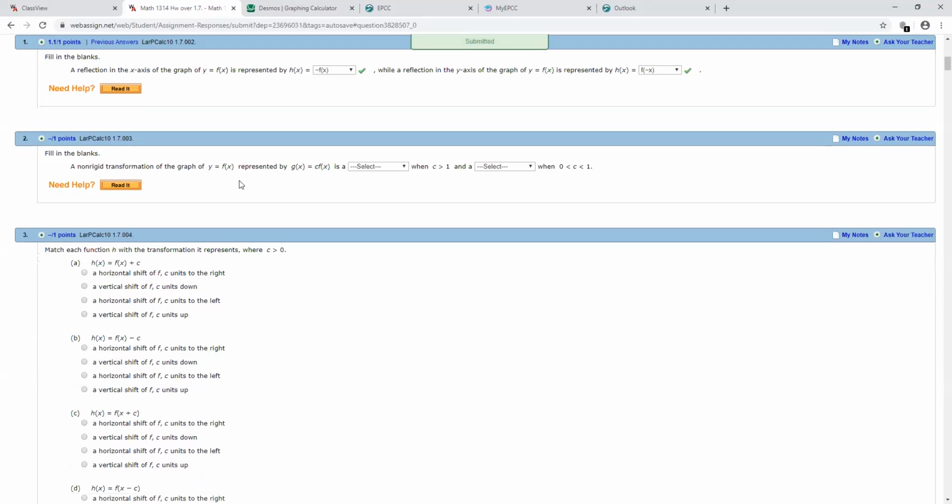And we're good. This one right here, non-rigid is a fancy way of saying the shape of the new graph is not going to be identical to the shape of the original one. The only time that's going to happen is if we do a dilation on it, because it gets compressed or stretched, either away from the y-axis or from the x-axis.